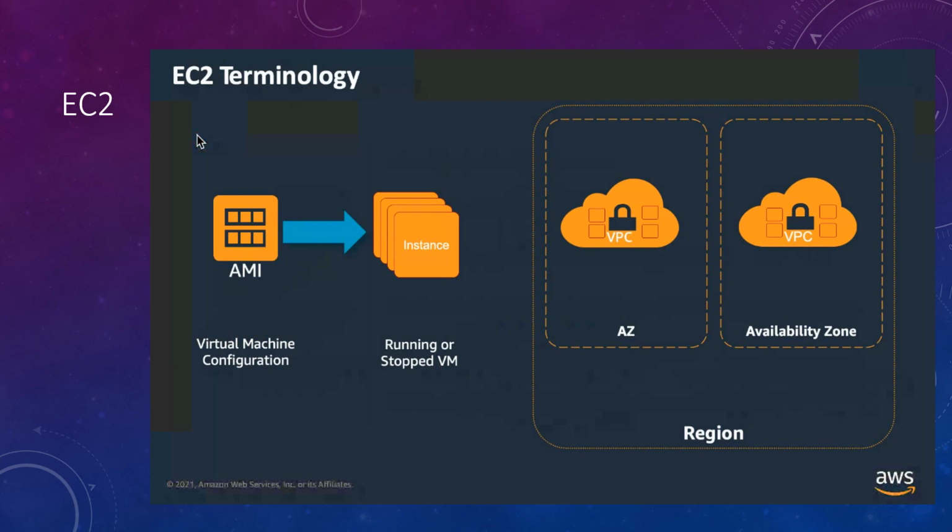Azure is slightly different, but it still works on regions, and it also has availability zones, but some of their availability zones are a little bit different to others. So if you go into Azure, that's something to look out for. Within an availability zone within AWS, you have VPCs, which are virtual private clouds. Now, these are basically your own private network, where you can put your own web servers, your EC2 instances, or your VMs, your virtual machines, same thing.